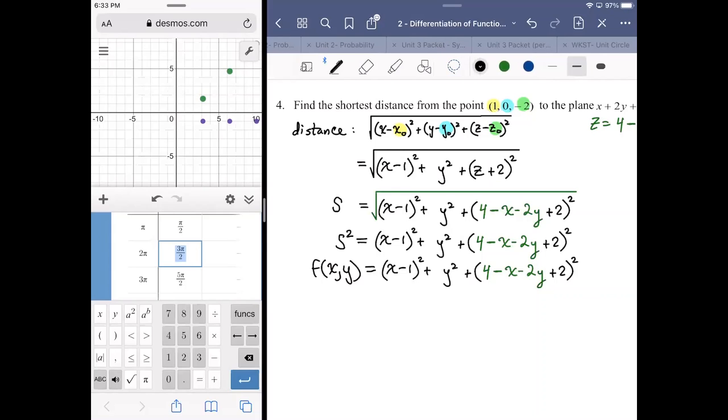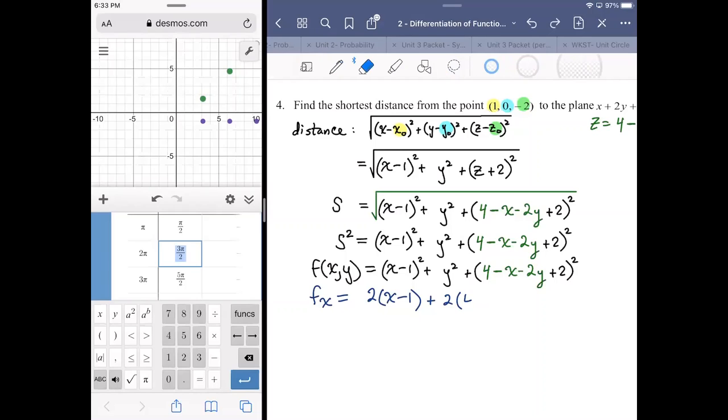All right, so I'm going to go through the process. It's definitely a beefier function, but it's a lot better than it could be. So we could find f sub x: 2 times x minus 1, plus y squared is going away because we're treating that as constant. So 2 times 4 minus, oh, really, we can combine the terms.